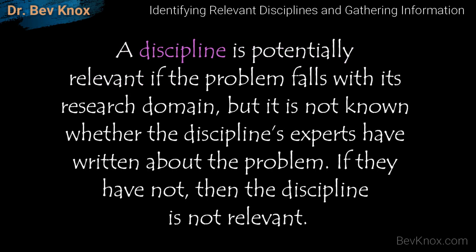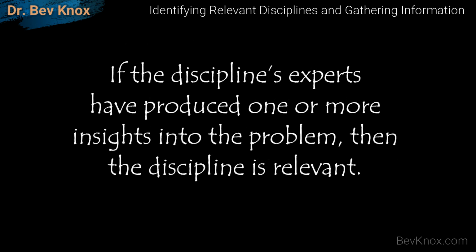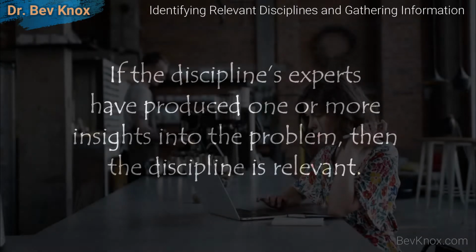A discipline is potentially relevant if the problem falls within its research domain, but it is not known whether the discipline's experts have written about the problem. If they have not, then the discipline is not relevant. If the discipline's experts have produced one or more insights into the problem, then the discipline is relevant.